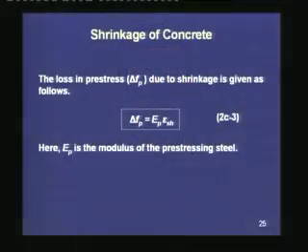The loss in pre-stress, which is termed as delta Fp, due to shrinkage is given as the modulus of the pre-stressing steel times the shrinkage strain. Here also we are assuming compatibility between the strain in the concrete and the steel.